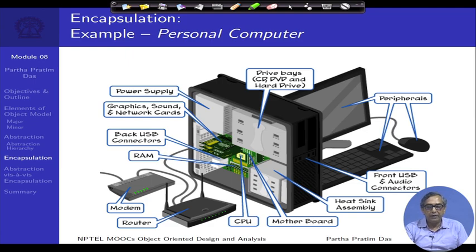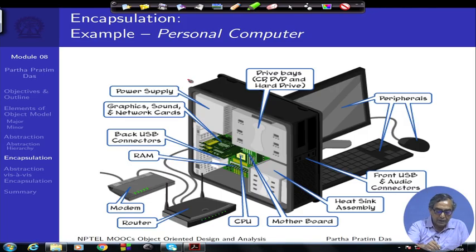Like you will need to have a power input point, you will have a few USB ports, you will possibly have a serial connector, you will have some LEDs showing you if the machine is on or off and so on. But other than that, it is all encapsulated in this kind of a big carriage.